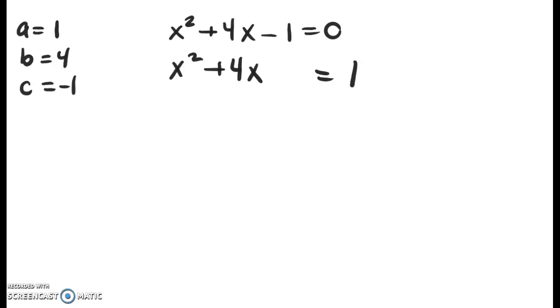What I want to do is identify A, B, and C, and you're going to take half of the B, square it, and add this number to both sides.